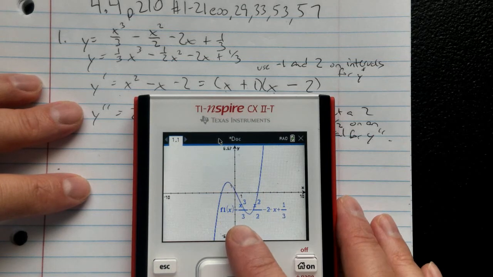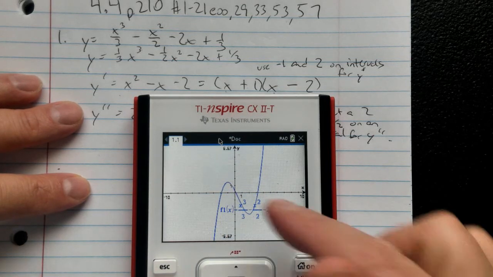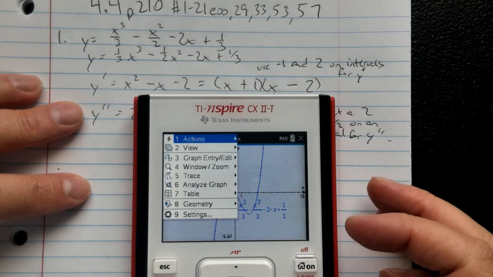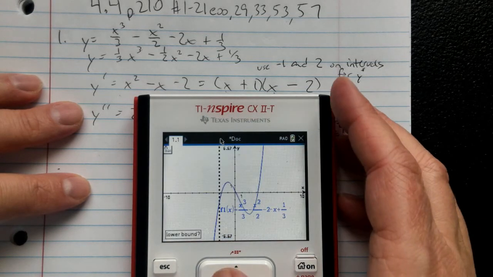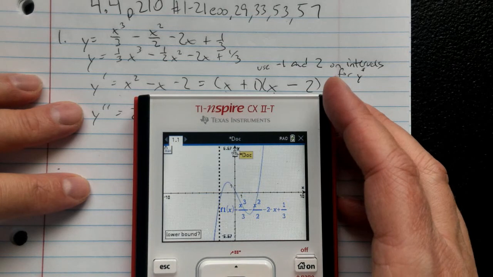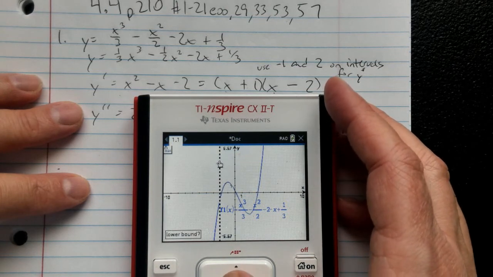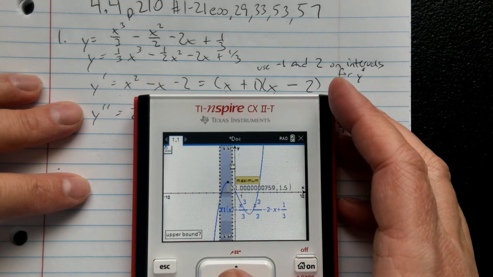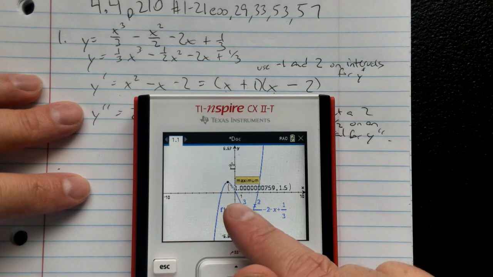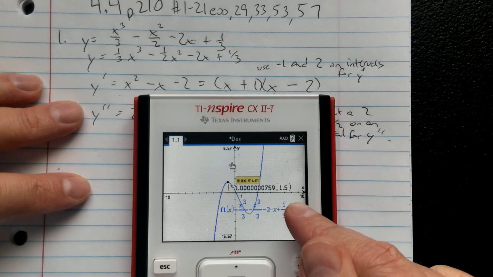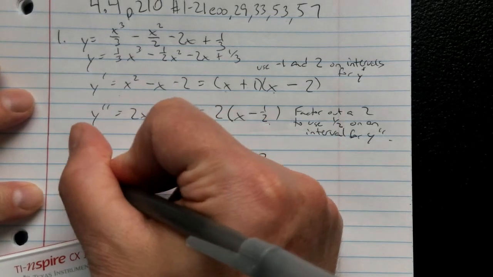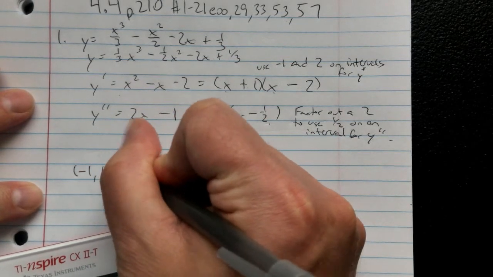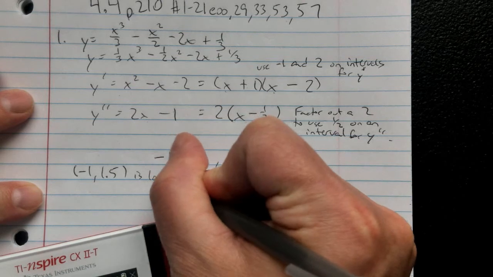So that's the graph which was in the book, and we need to do maximum. So analyze, then maximum, between here and here. The lower bound, click, and click. That gives you the -1, 1.5. So -1, 1.5 is the local max.